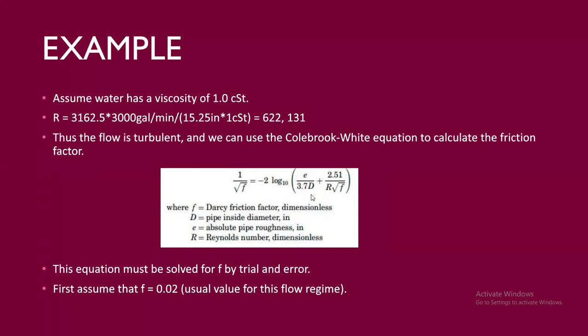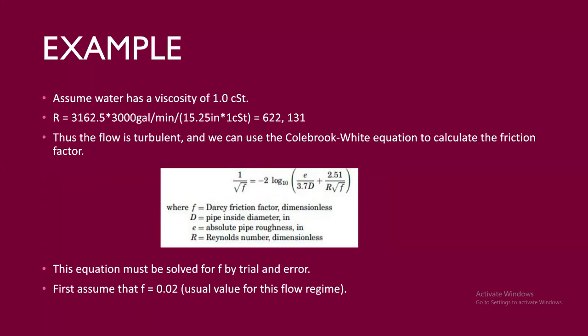So now we can go back to our Colebrook equation to calculate the friction factor. The equation must be solved for F by trial and error. First, assume that F is equal to 0.02. It is a usual value for this flow regime, it's around there. So obviously you want to start your first estimate at 0.02 so that you reach your solution sooner.